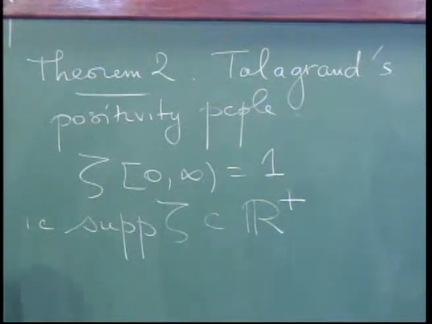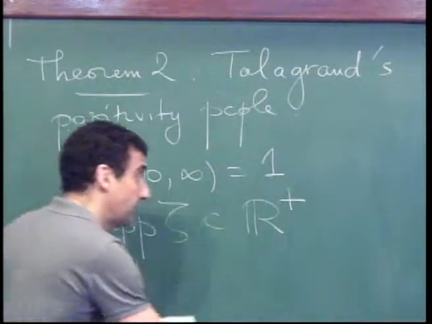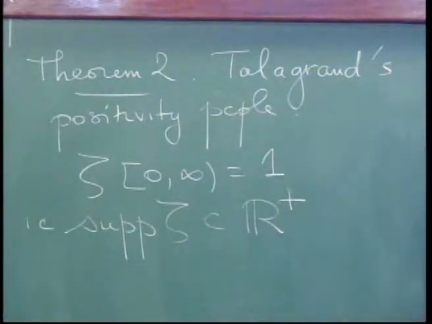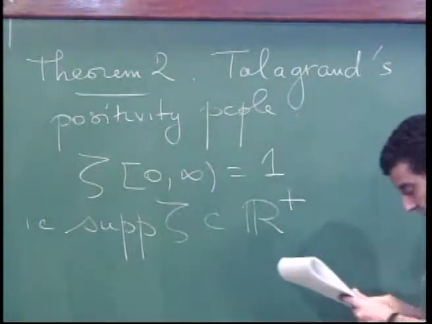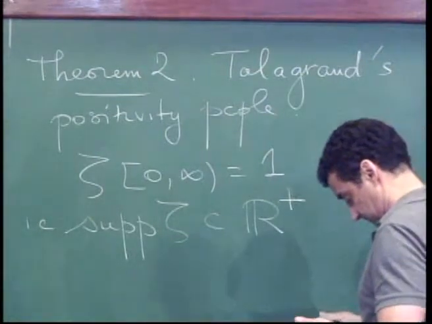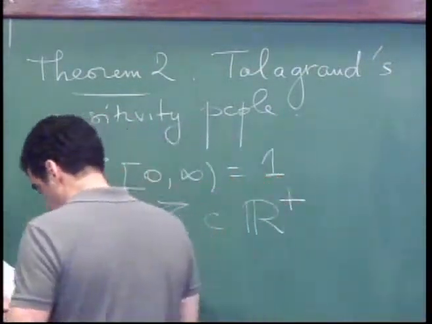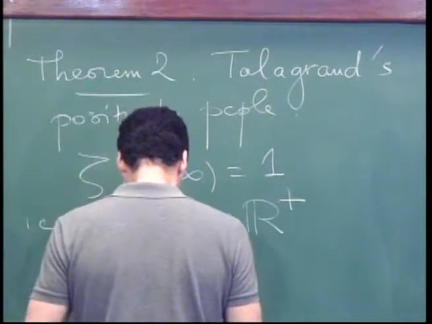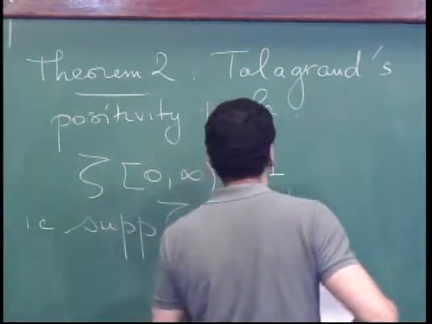Third, so now we know the support of zeta is between 0 and Q star, right? The Gibbs measure is carried by the sphere of radius square root of Q star. But now we know much more. Let's say theorem 3.